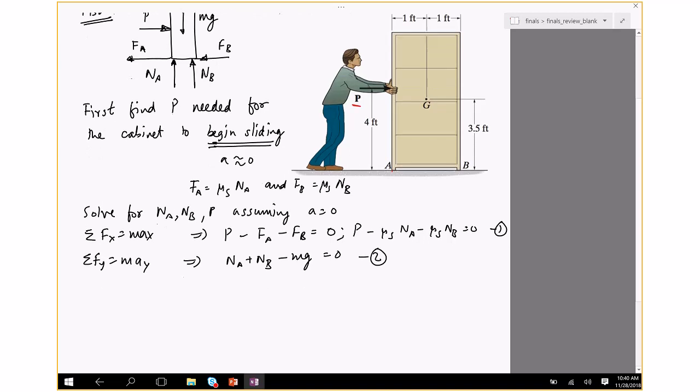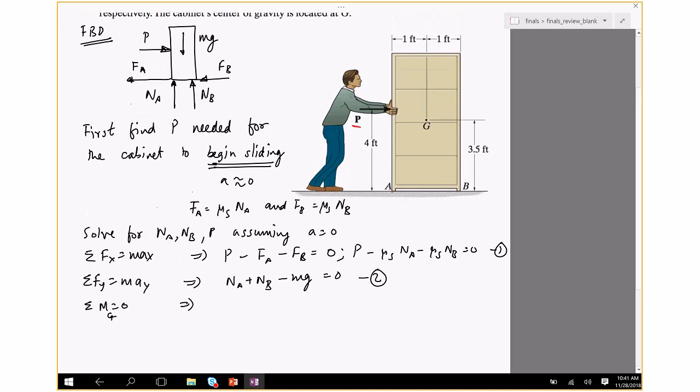And the third equation is torque equals I alpha, but since we assume it's not tipping, the angular acceleration is 0, so the net torque, or net moment, is equal to 0. So let's take moments about G. G is this point.